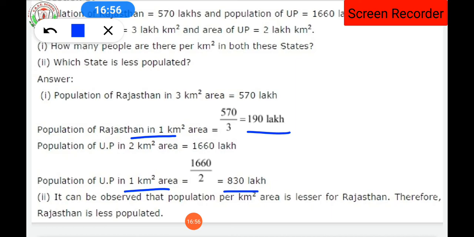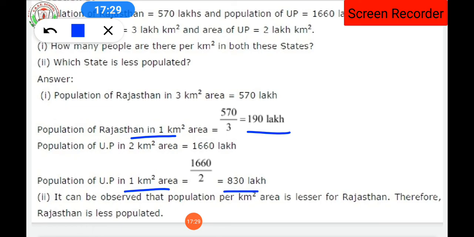So we can see that 250 is a smaller number than 830 lakh, isn't it? Hence we can see that the population of which state is greater, that is Uttar Pradesh population is greater. So here is the question asked, how many people are there per kilometer square in both the states? So population of UP in 1 kilometer square area is 830 lakh, and population of Rajasthan in 1 kilometer square area is 250 lakh.